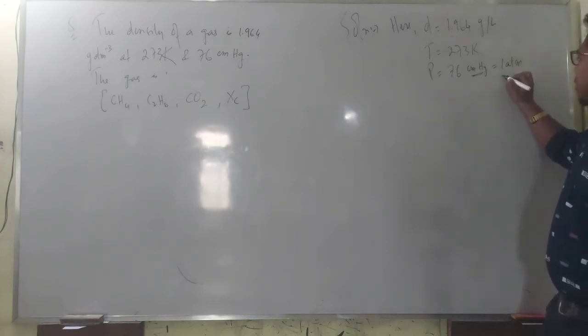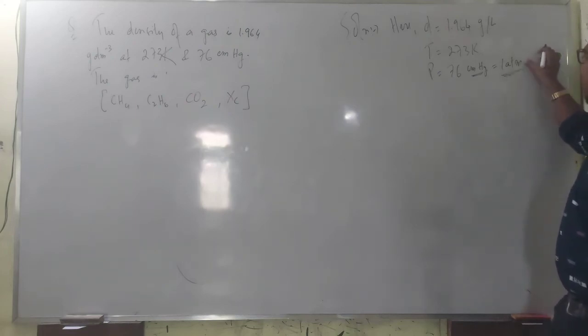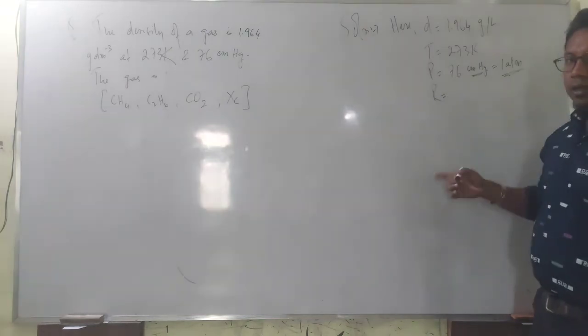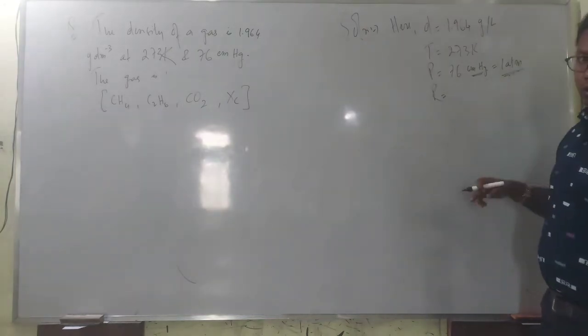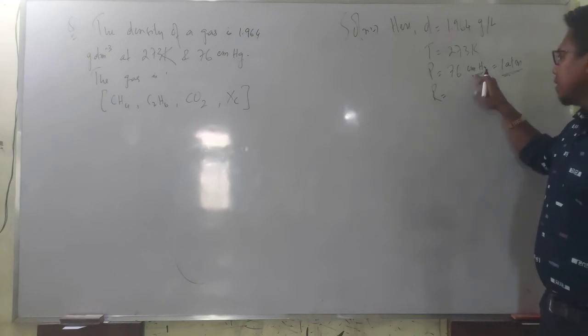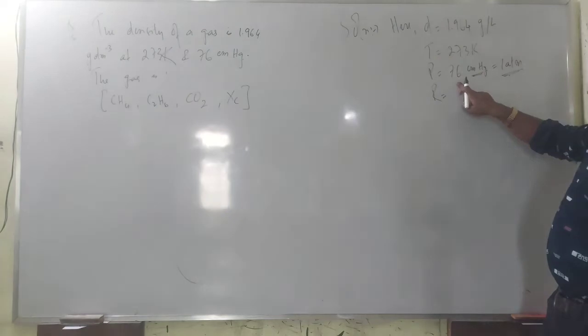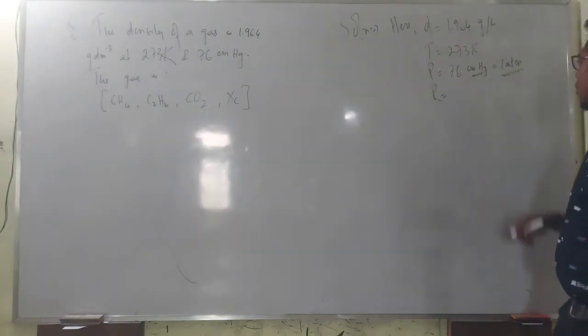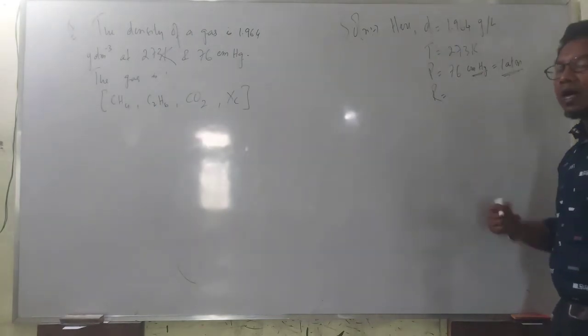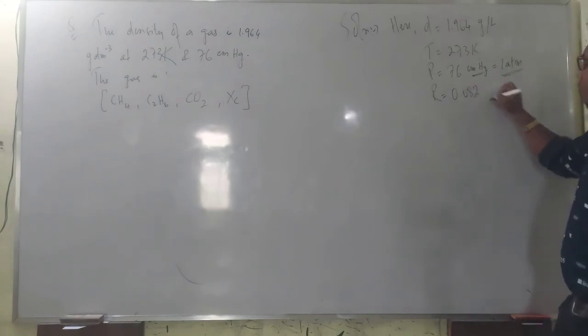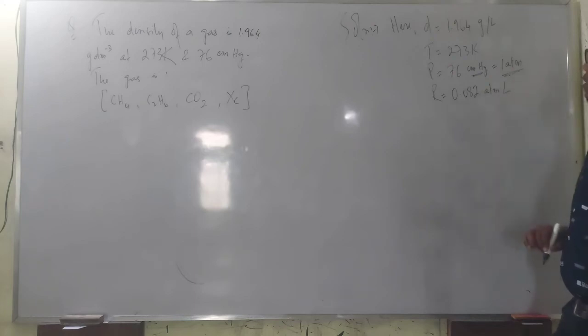So we need to use this relation because the value of R in terms of atm is known, right? In terms of centimeter Hg, I do not know actually. So let me convert this centimeter Hg into 1 atm because I know the value of R is 0.082 atm liter per Kelvin per mole.